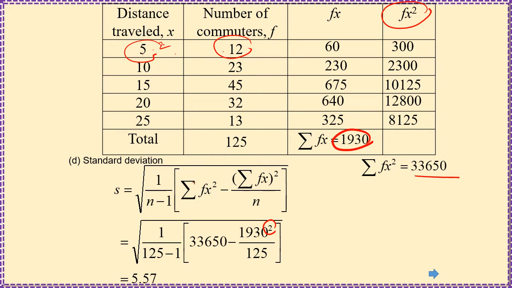So the answer for standard deviation is equal to 5.57. The variance will be the square of 5.57, which is equal to 31.05. So we have answered all the questions up to F.